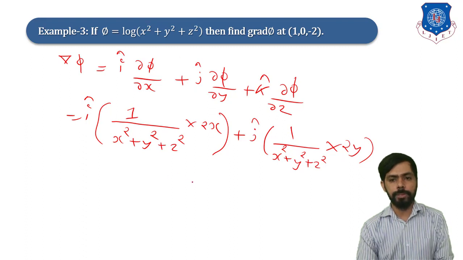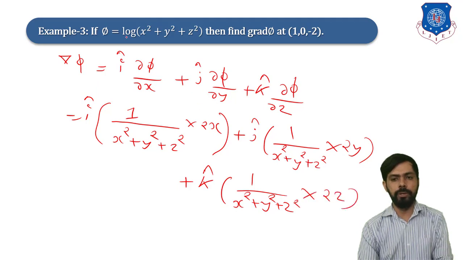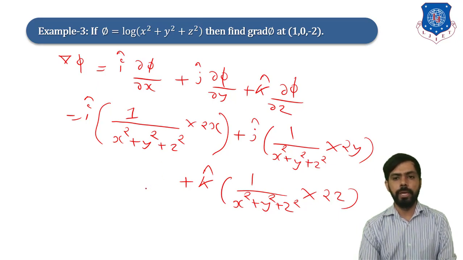Plus k in bracket 1 divided by x square plus y square plus z square into 2z, because partial differentiation of function phi with respect to z will be 2z, because x and y are constants, so the derivative of the first two terms will be 0 and the derivative of z square will be 2z. Okay, now as we have to find out grad phi at point 1, 0, minus 2.